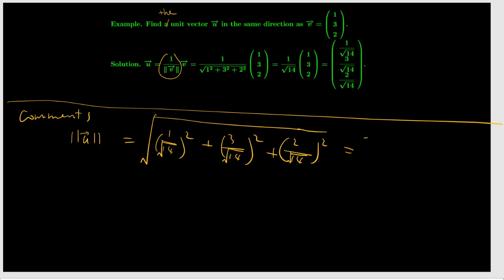I'm sure under the radical you have 1, which means the length is 1. That's why the resulting vector u is actually a unit vector, a vector with the length of 1. So you have seen that.